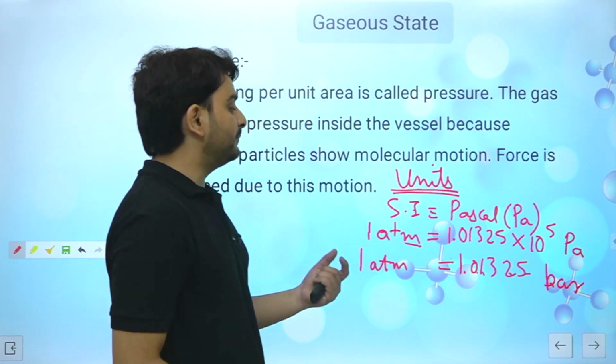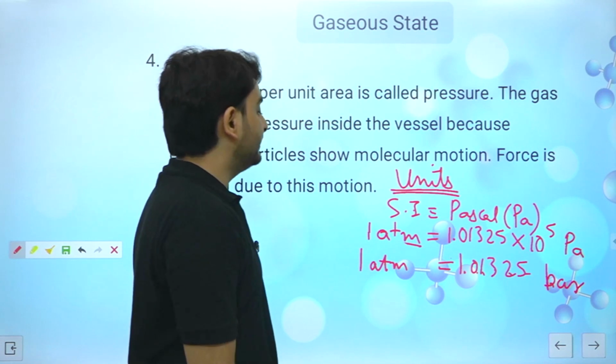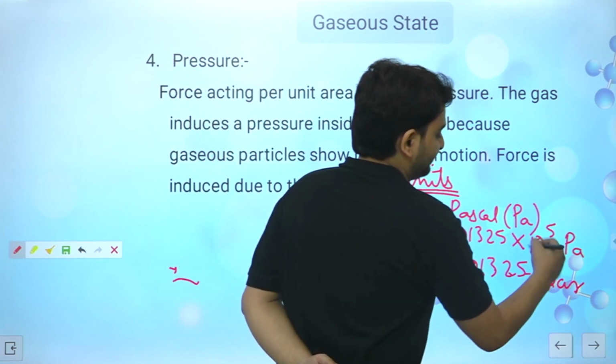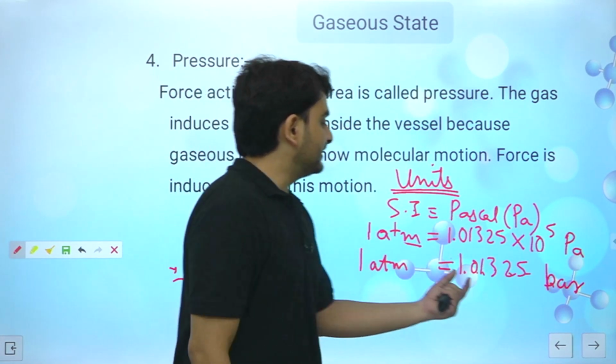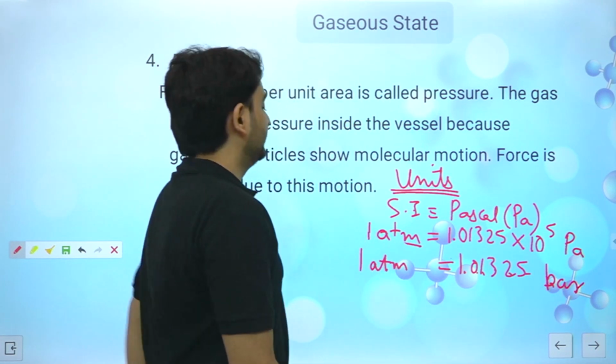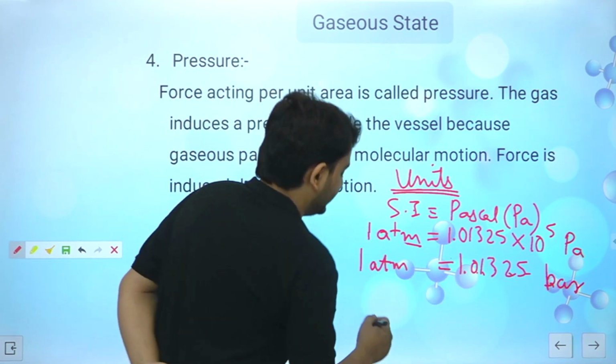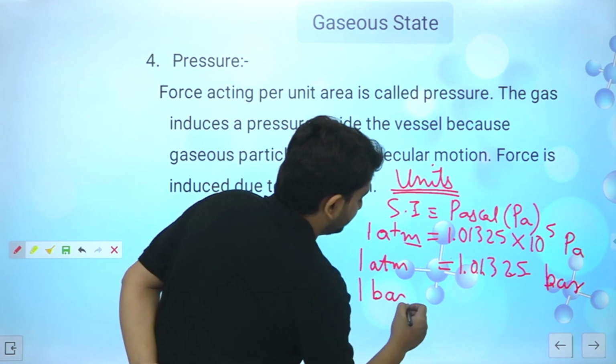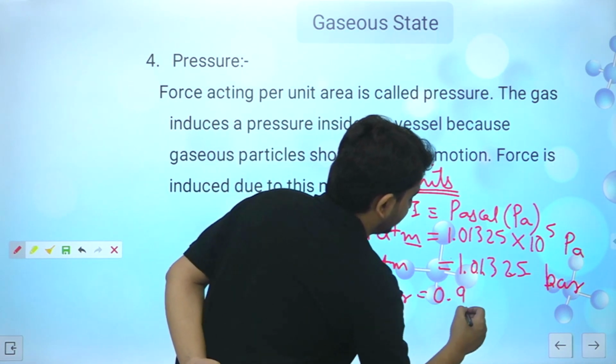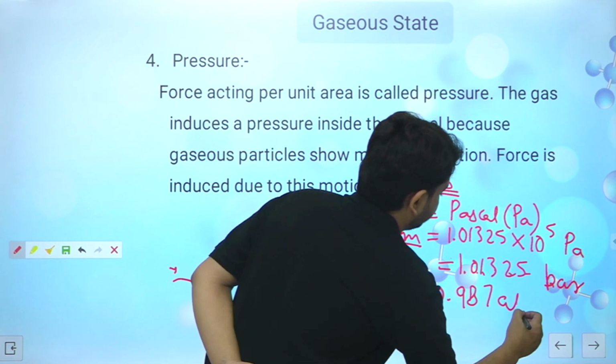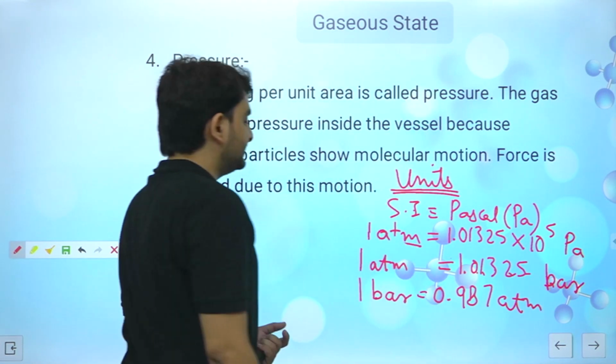So just this 10 to the power 5 gets removed, right? And we get the bar unit, right? If we convert bar into atm, 1 bar will be equal to 0.987 atm. All right. Please remember these units.